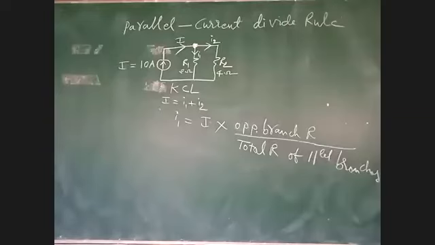Write it down: opposite branch resistance by total resistance of parallel branches.